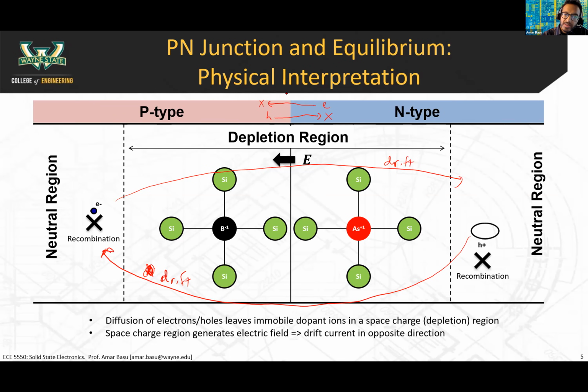Holes drift in the same direction as the electric field. All right, so these processes up here were diffusion. So the electrons are diffusing this way. And they're diffusing from right to left, drifting from left to right. And then the holes are drifting from right to left and diffusing from left to right.